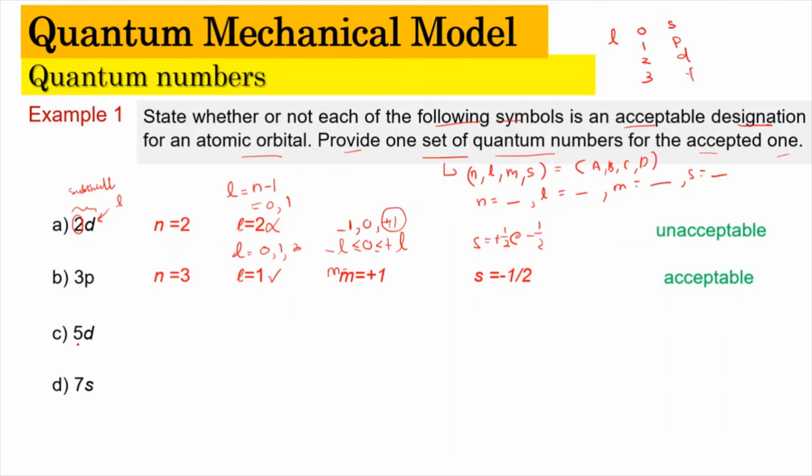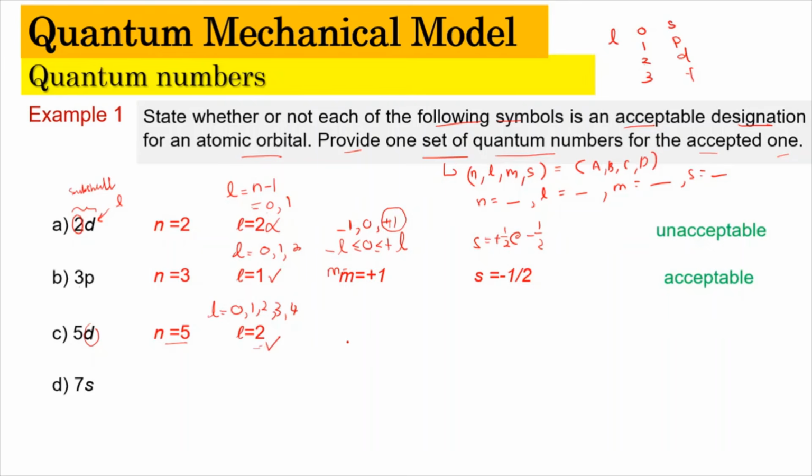Now for question C. Similar to before, your principal quantum number n is going to be 5, and your l here is going to be equal to 2. This is acceptable because your l is supposed to be 0, 1, 2, 3, or 4. So 2 is acceptable.